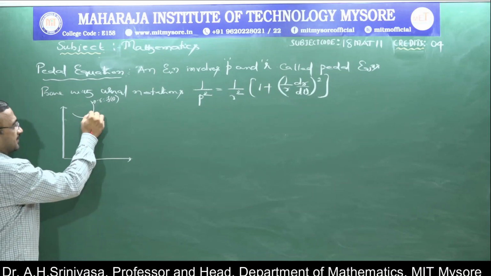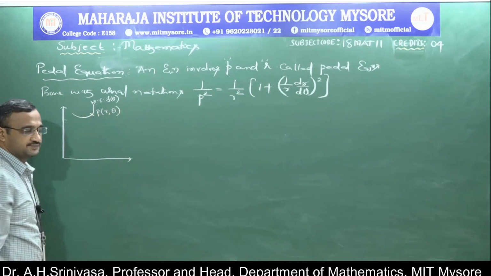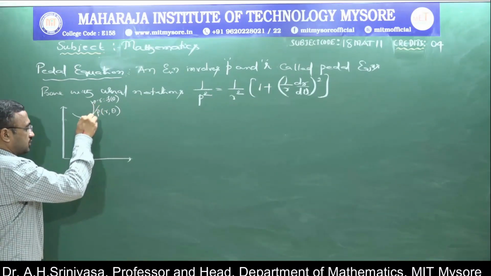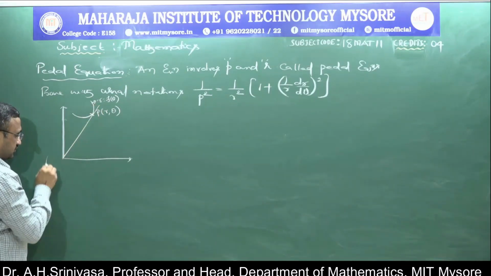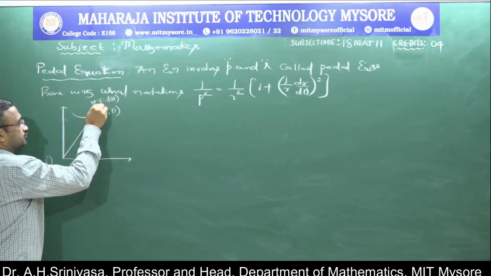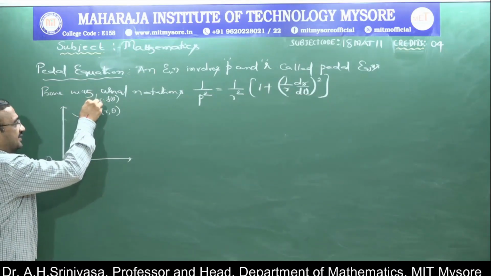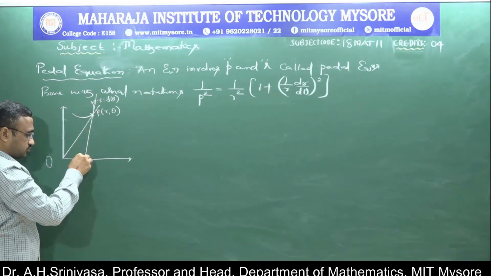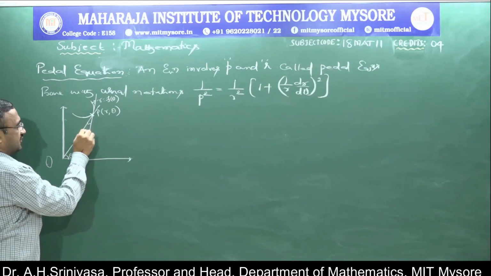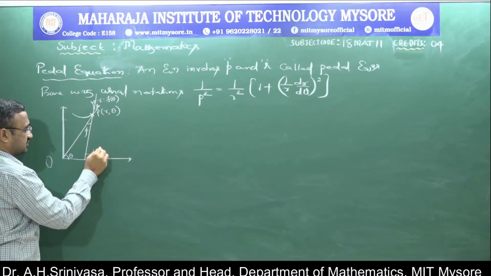Then, if I mark a point P of r comma theta, it is a radius vector. Then I join it to the origin, which we call O. After that, we draw a tangent. This is theta, it is phi, and also phi; the angle is psi.